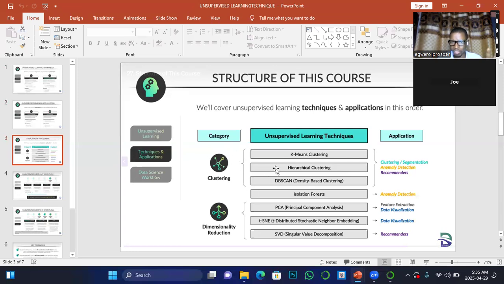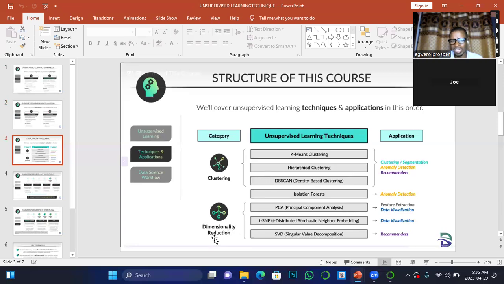Under clustering we have K-means clustering, hierarchical clustering, DBSCAN clustering, and then we have isolation forest. That one is in between the two categories, and that is where we also have our anomaly detection, which is the point at which one variable is deviating from the other.